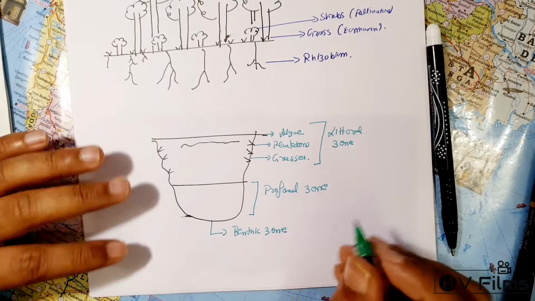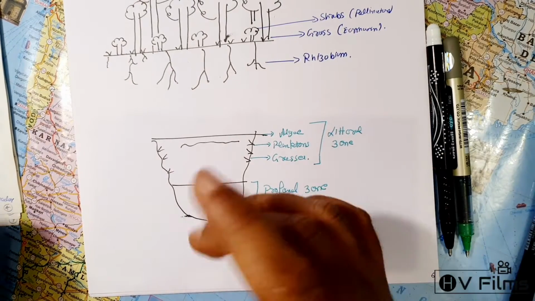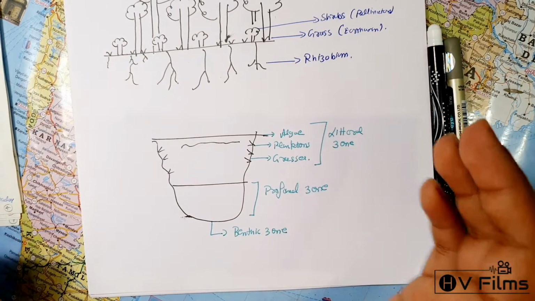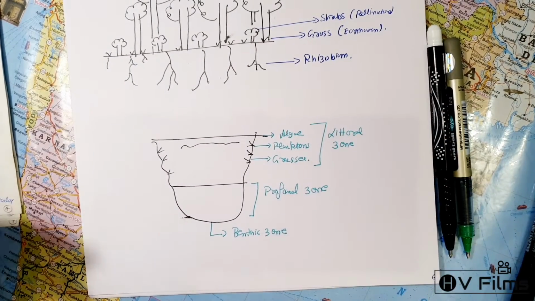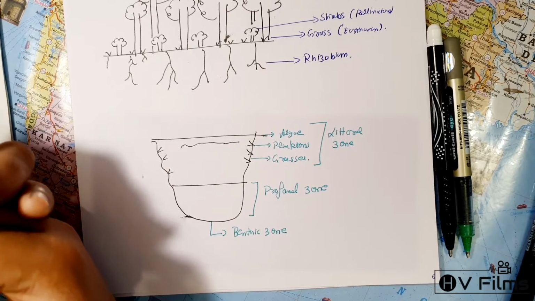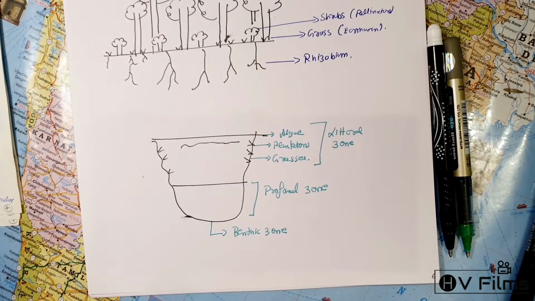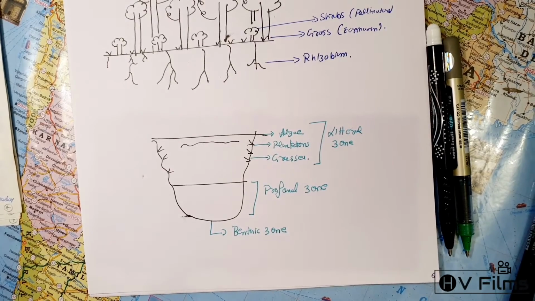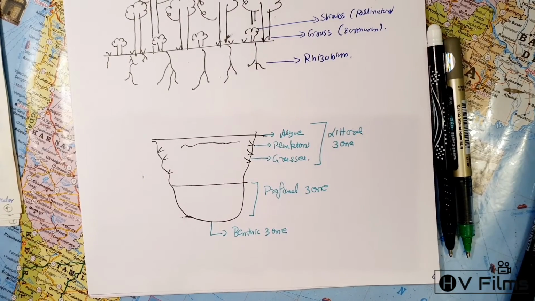Now this is what we call the profundal zone, and this is what we call the benthic zone, where light hardly reaches. So this is how we study the benthic zone, and the stratification in the forest.